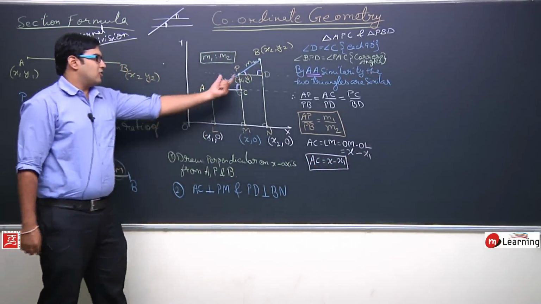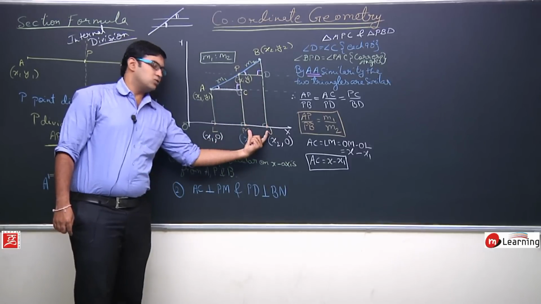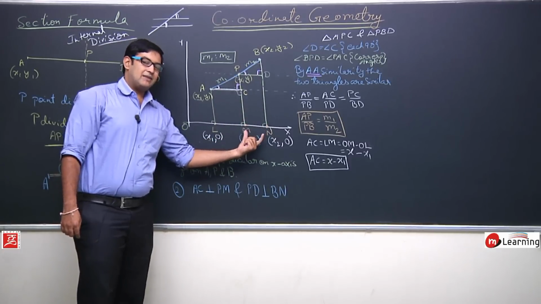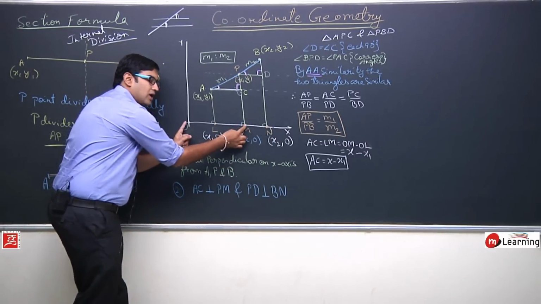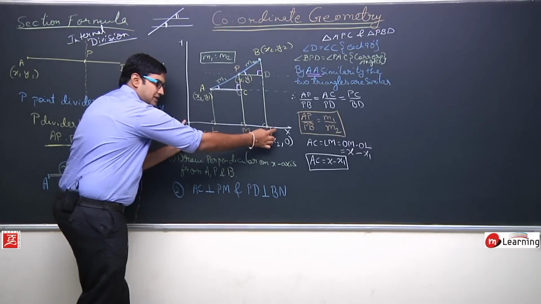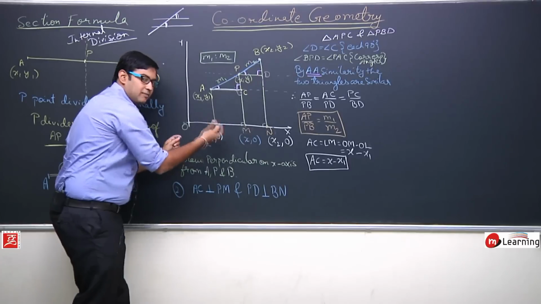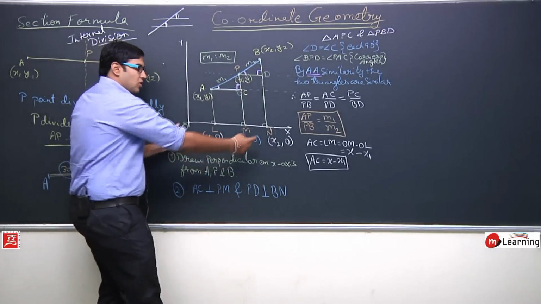Okay, then similarly what about PD? What is the length of PD? PD length will be equal to MN, and what is MN? MN is basically ON minus OM. If from this ON I remove OM, this much part, I will be left with this much part. What is ON?